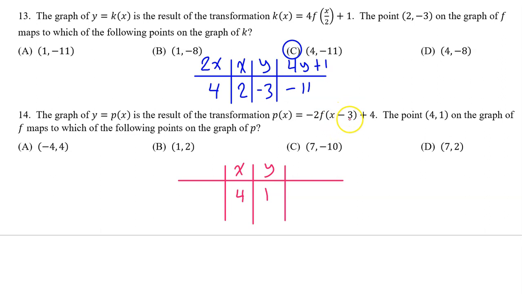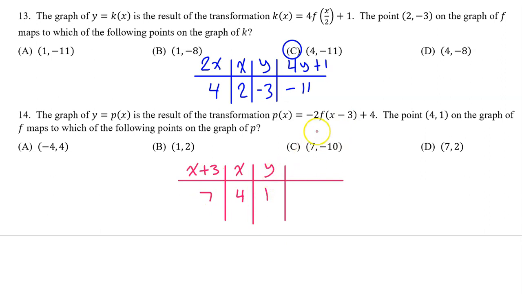This x minus 3 is actually a horizontal translation by positive 3. Horizontal transformations are always the opposite of the way they appear in the equation. So because it's really a positive 3 translation, I can find new x values by doing x plus 3. 4 plus 3 is 7.